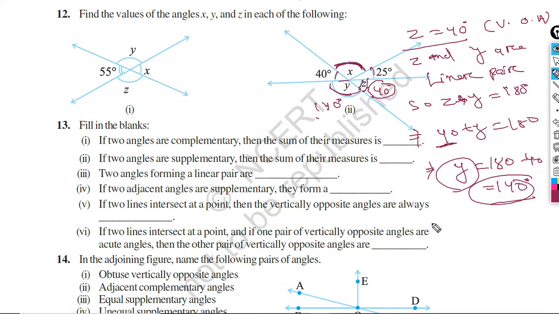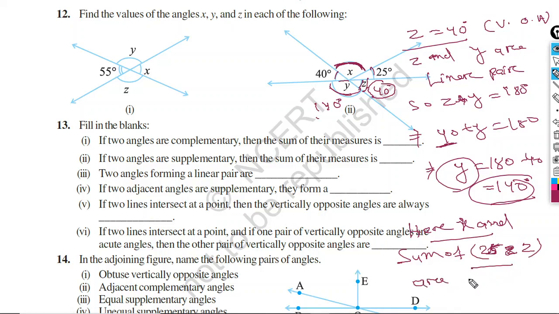So you can write here, x and the sum of 25 and z are a linear pair, because on this line, if you take this 25 and z as one angle and x as one angle, then they are a linear pair.